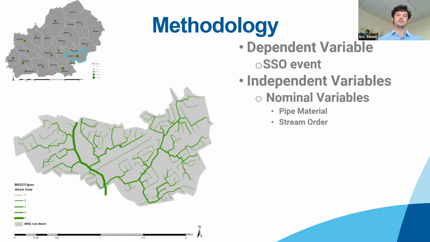maintenance on certain pipes. On the left here, you can see the results of my stream ordering classification. So as pipes converge and have, for instance, a first order stream come through and converge into a second stream order, and the second stream order pipes converge into a third order stream, so on and so forth throughout the sewer network.